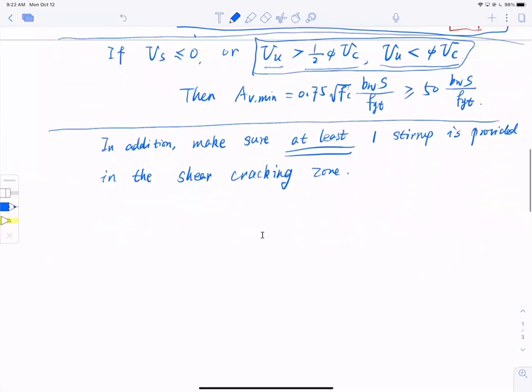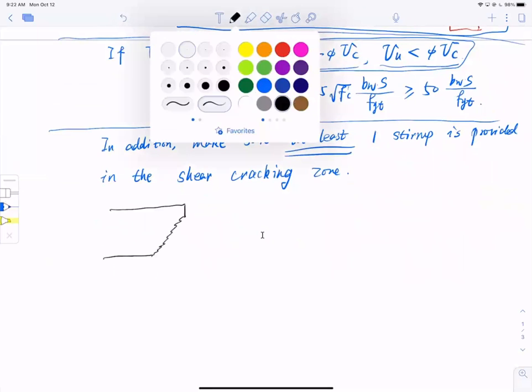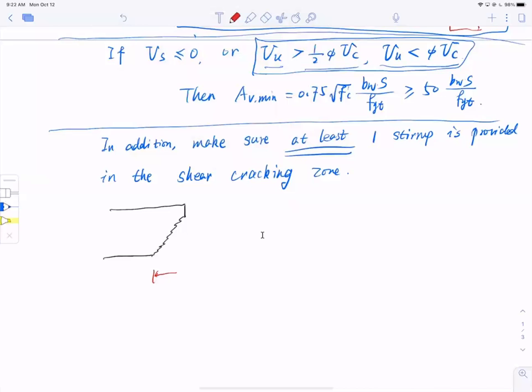What does it mean? Recall, I have a cross section, and we said we have a diagonal crack, and I have a depth equal to the crack width. To ensure I have one stirrup within this crack, that means I need to have at least one stirrup right here in the middle of it.